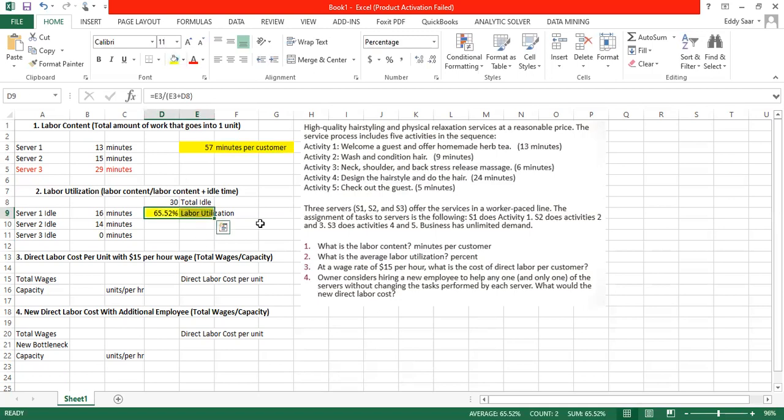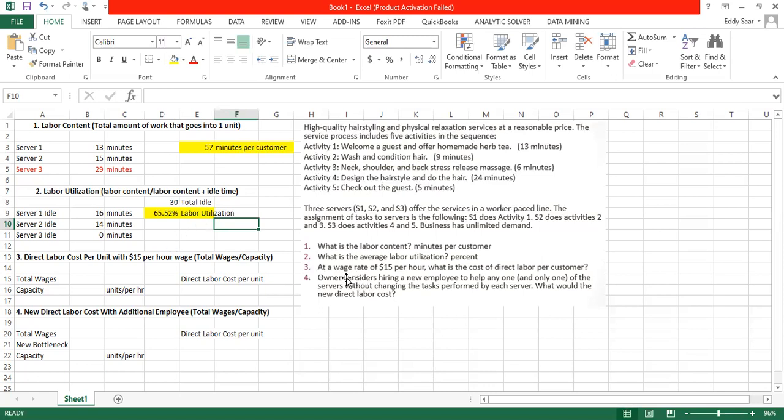This means that our employees are only 65% as efficient as they could be. If you have a business or a process, you want this to be as close to 100% as possible, because the closer it is to 100%, the more it shows that your workers are busy and being productive.